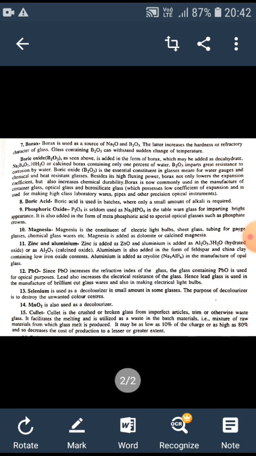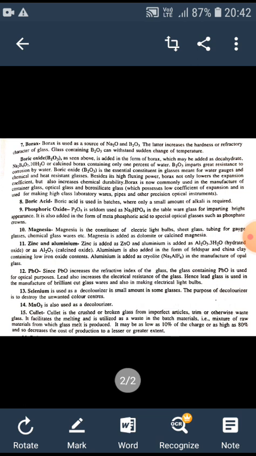Potassium carbonate or potassium nitrate is used as a source of potassium oxide, which increases the softening and melting points of glass. Potassium nitrate or potassium carbonate is used for the highest grade of glass, such as optical glass and decorative glass.